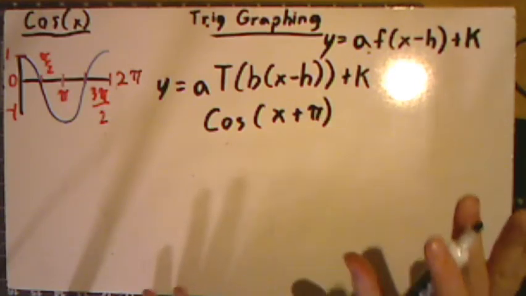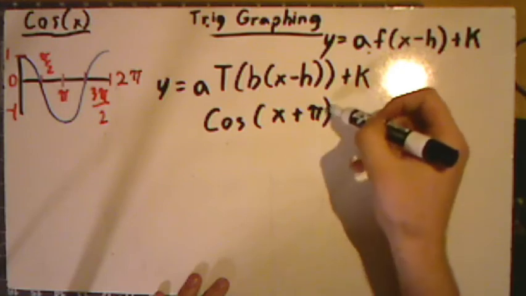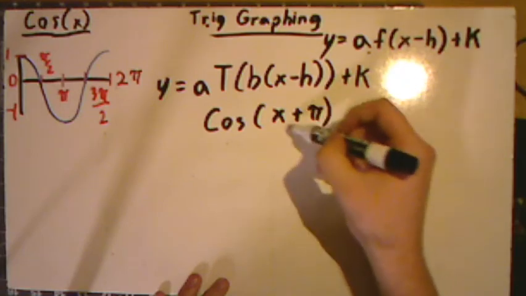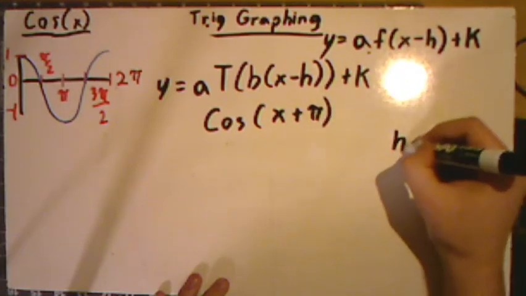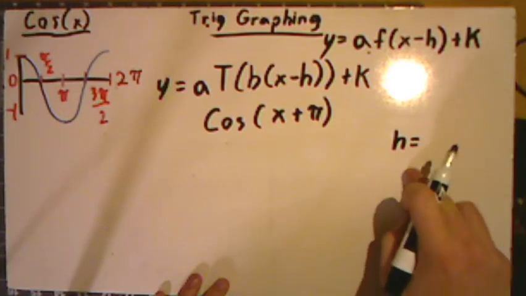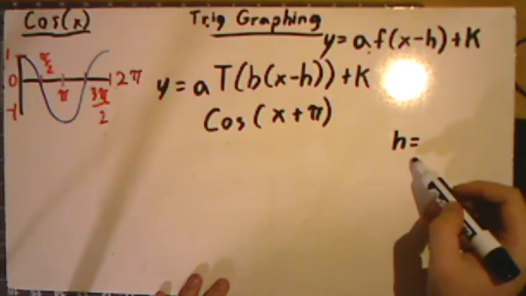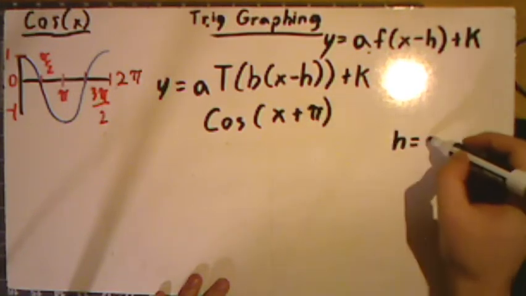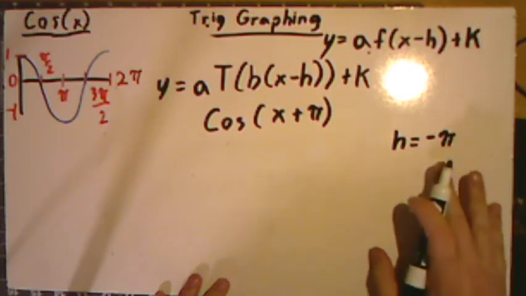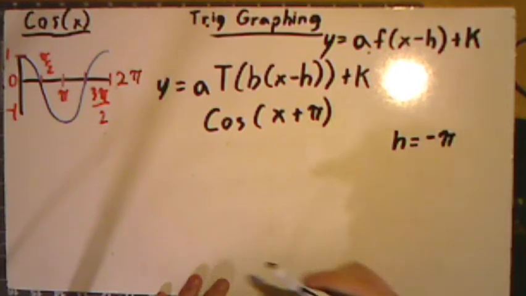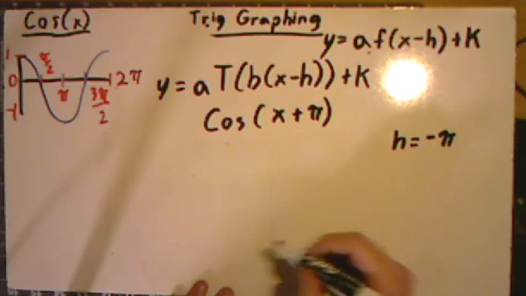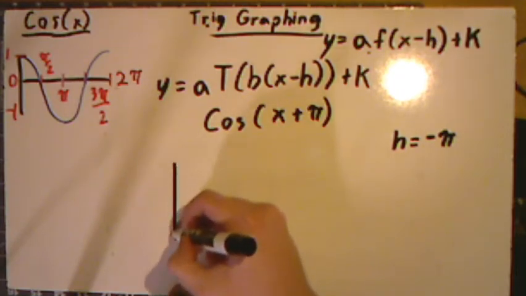And as a quick aside, that's because our h value, you have to negate whatever value is there. So if we wanted to get our proper h value here, then we would negate this and get negative pi, and negative goes left.